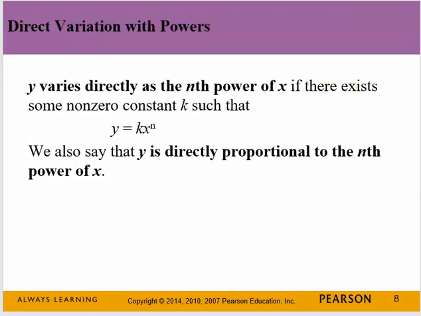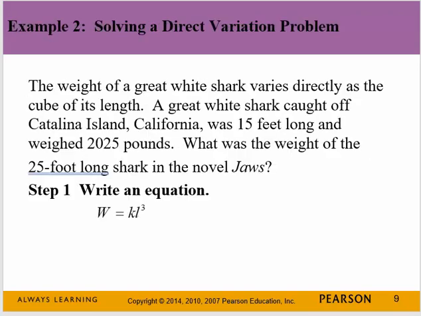Now, another form of direct variation is one in which we're raising some value to a power, that it will be squared or cubed. So we say that y is directly proportional to the nth power of our variable x. All right, let's look at an example.